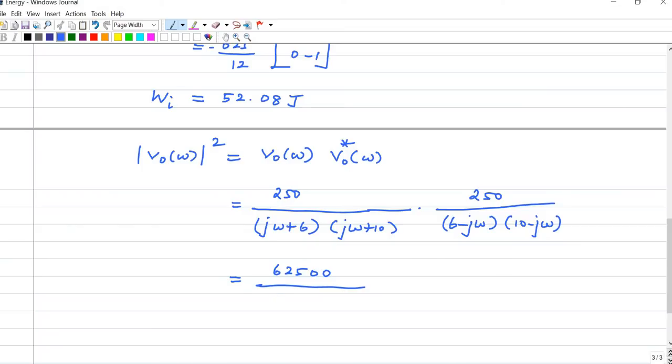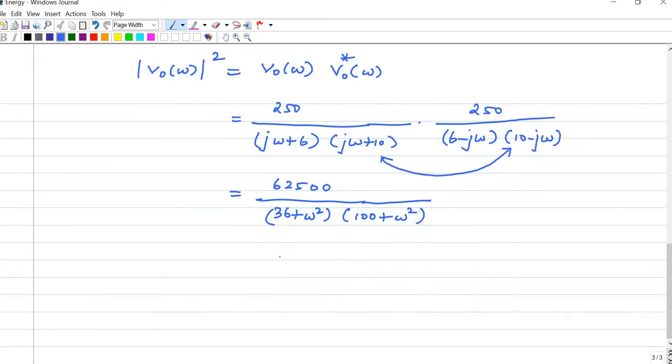something like a plus b into a minus b, a square minus b square. So first one 36 plus omega square. Similarly, if you multiply these two, you will get 100 plus omega square. Before substituting this in Parseval's theorem, energy calculation, I will just go for partial fraction.